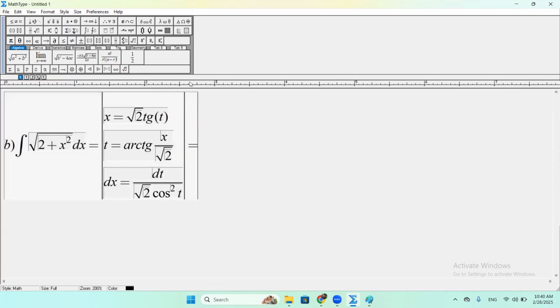So everything is taken into consideration, nothing is lost, so let's rewrite our integral.